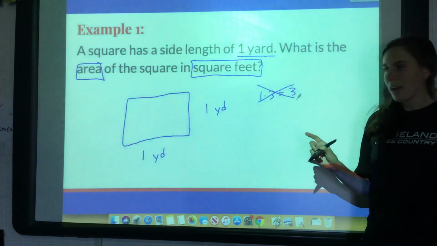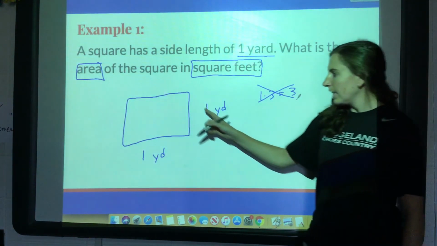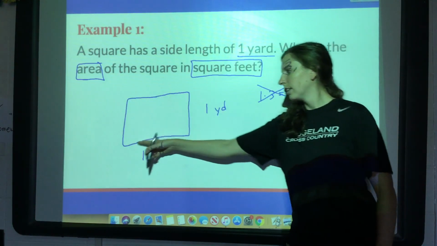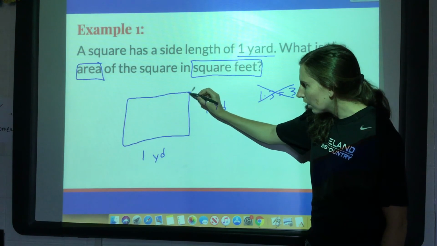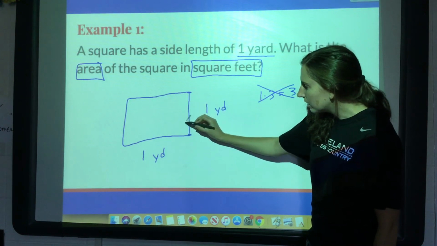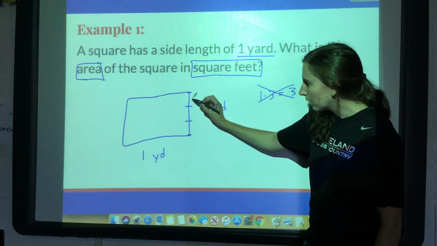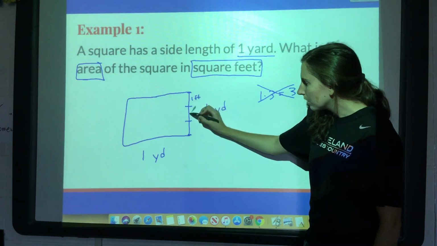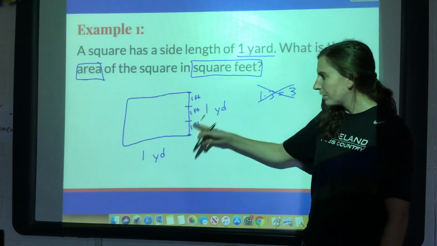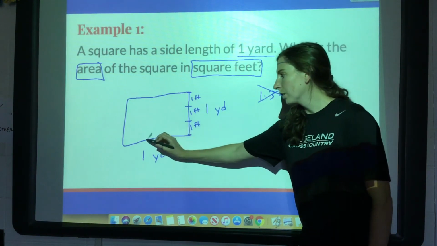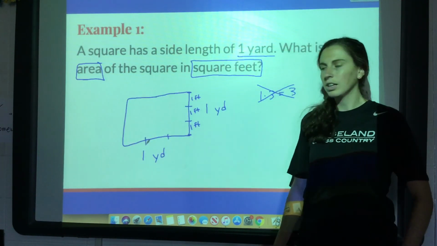What's actually happening here is each of these yards is 3 feet. So think about breaking up this yard from here to here into those 3 feet. There's 1 foot, and there's another 1 foot, and there's another 1 foot. So you've got 3 feet in a yard. Same thing over here, 3 feet in a yard.